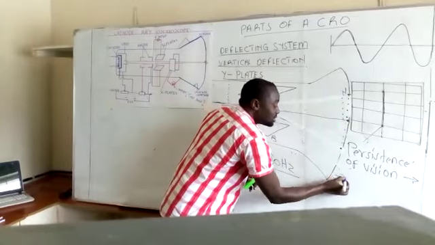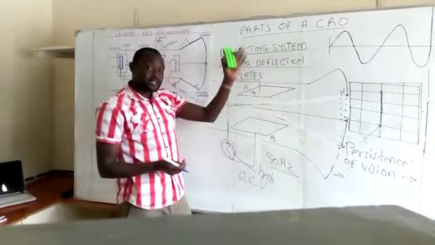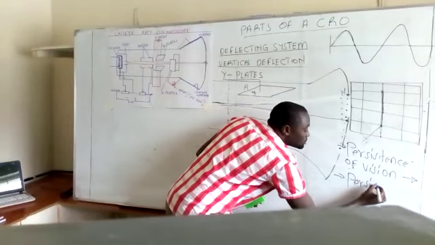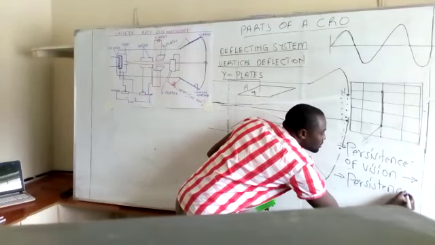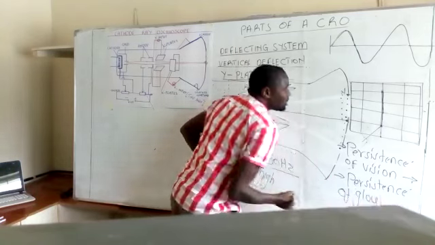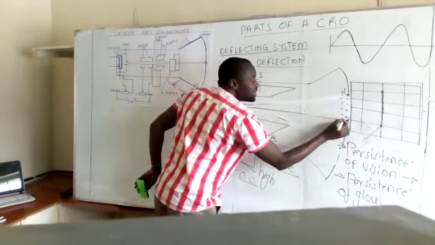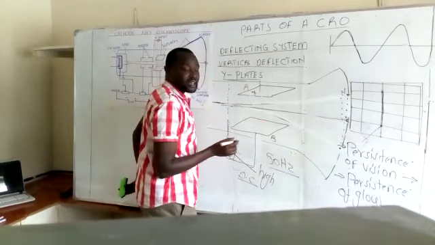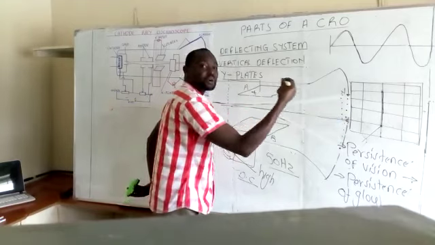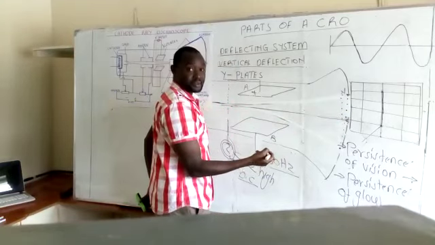The other reason why we are going to see this as a straight line is because of the persistence of glow. When this beam hits a point, even after the beam leaves, that point is left glowing for a longer time.